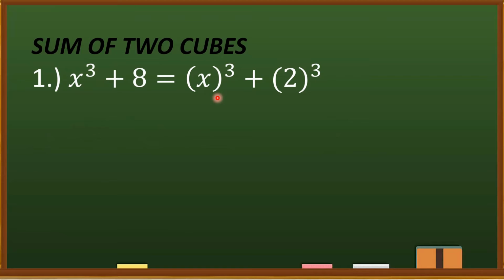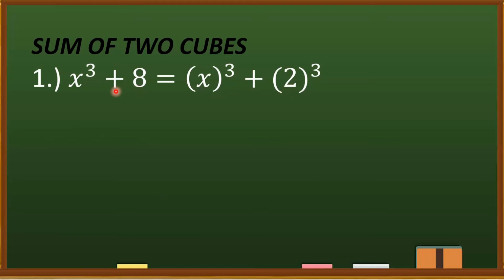Because in order to get correctly the value of a and b, kailangan makuha natin yung perfect cube root. Okay? And then the perfect cube root of x cubed is x. So this will be the value of a. And then the cube root of 8 is 2. And this will be the value of b. Kapag alam na natin yung value ng a and b, mabilis na natin siyang i-substitute doon sa ating formula.